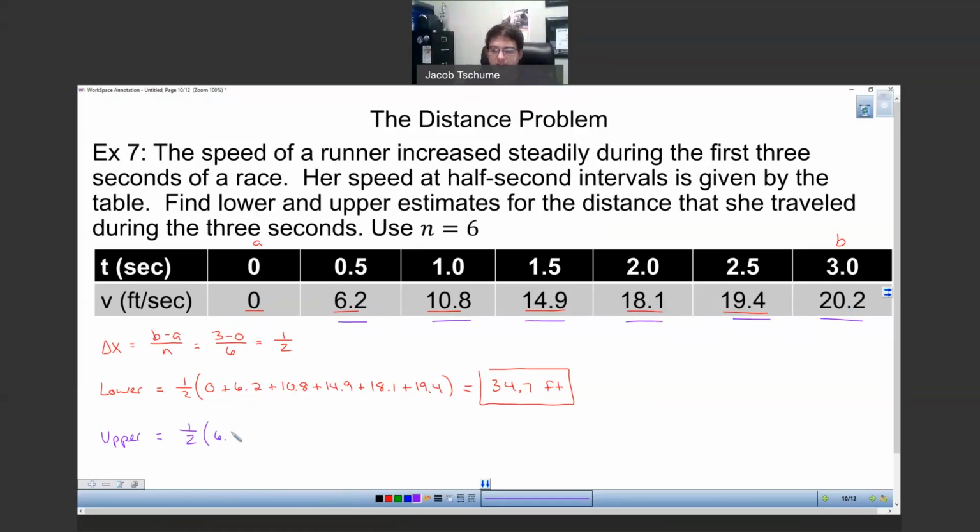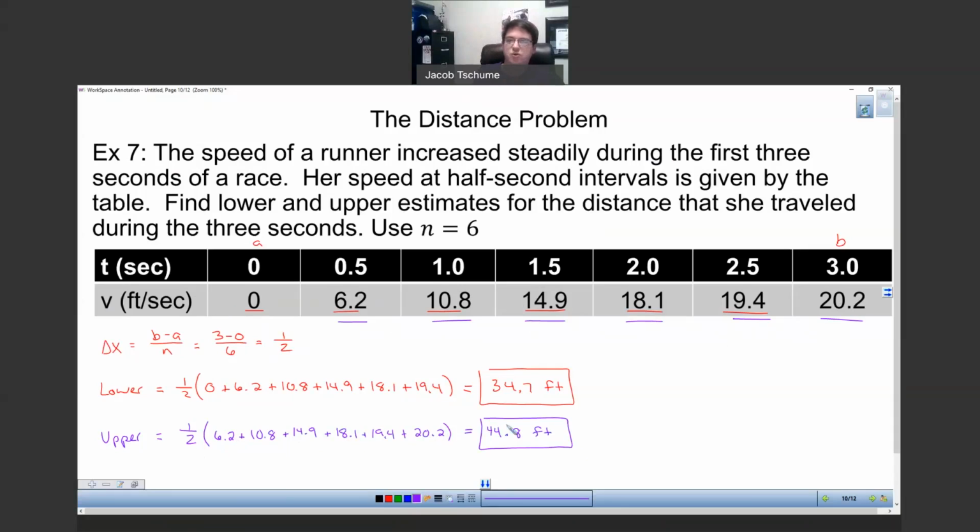So if I were to add all of those numbers together, essentially you're just replacing the 0 with a 20.2. That's the big thing here, but I'm actually going to write it all the way out. And once again, just to save a little bit of time, if you were to add all these decimals up and divide it by 2, you can leave it as a fraction, or I calculated it out to be 44.8 feet.